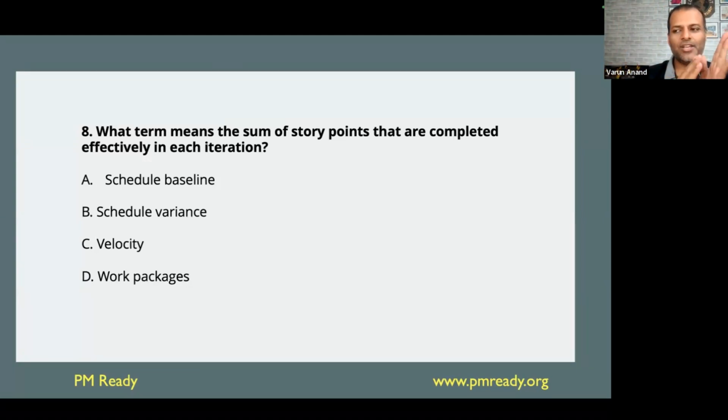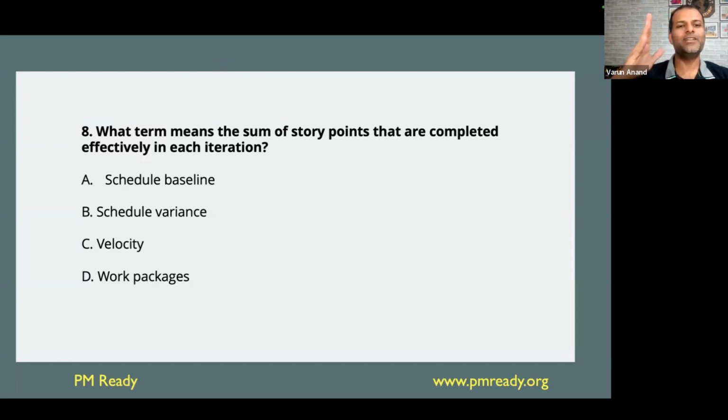Now, in agile, you don't give units. You will not say 1 hour, 2 hours, 3 hours. Instead, you use a generic term: one story point, two story points, three story points. In agile, we don't want to say that you did 10 hours worth of work.